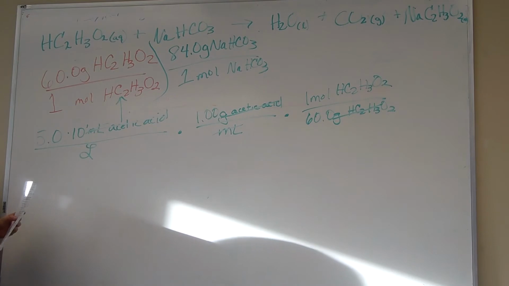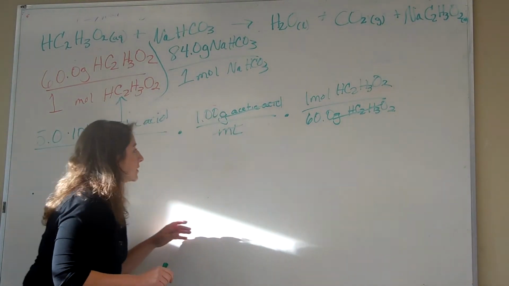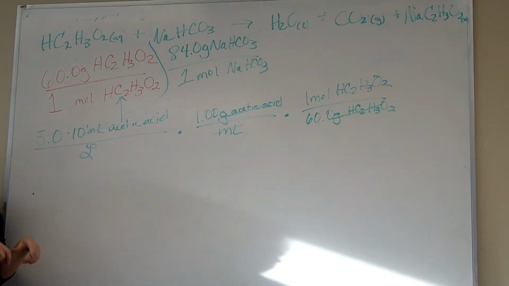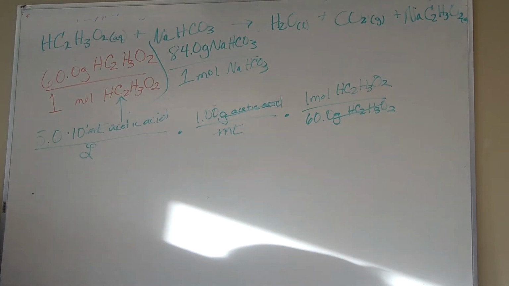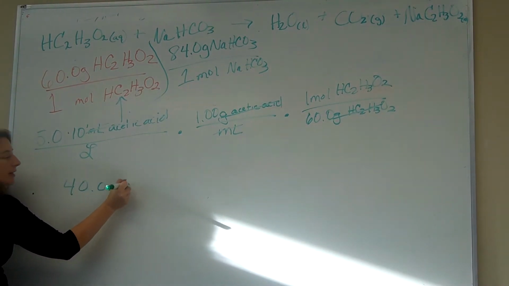Then we're going to multiply by the amount we're going to use to cancel this liter from the 5% vinegar solution. So if we're using 40 milliliters of vinegar, how many liters is that?